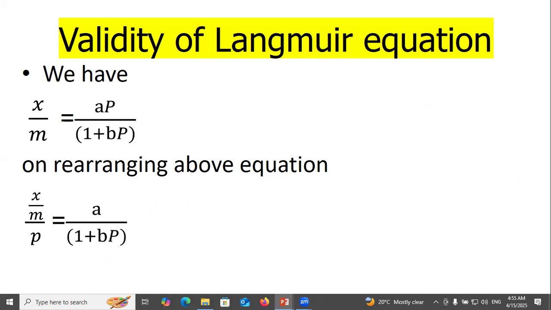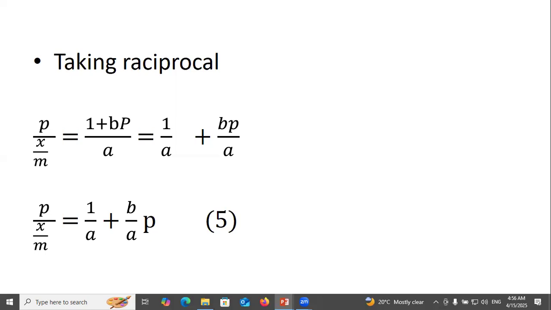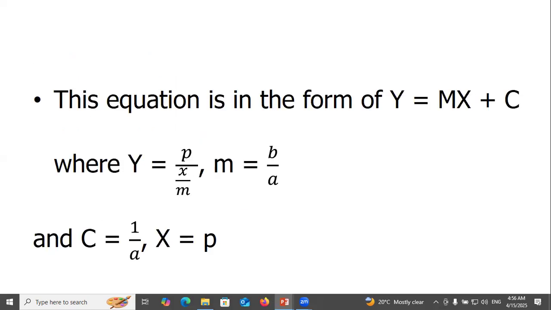Taking the reciprocal, P over x over m equal to (1 plus BP) over A, equal to 1 over A plus BP over A. So P over x over m equal to 1 over A plus B over A P.